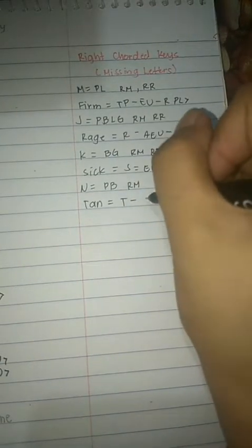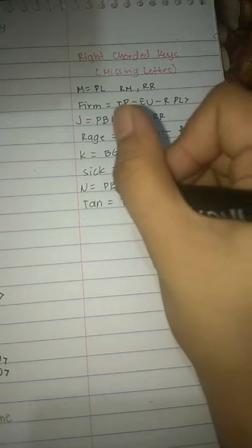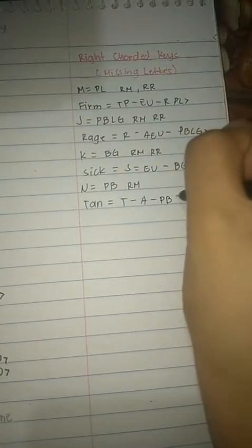Then, release. Next is N. Nare-represent naman siya ng PB. Katulad sa J, PB dito. So, naka-assign fingers din siya sa right middle na pipindutin naman siya sa pagitan nun. So, example ng N is tan. So, mababasa naman natin siya na tan. So, T, then short A, then letter N, PB, then release.